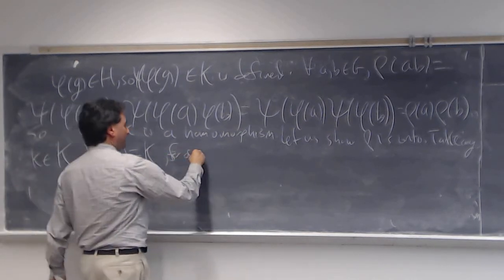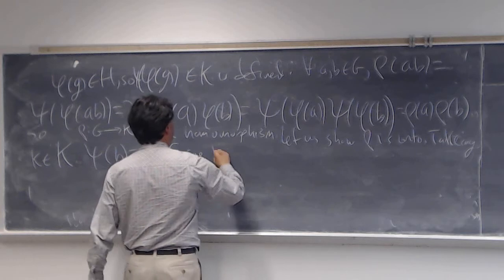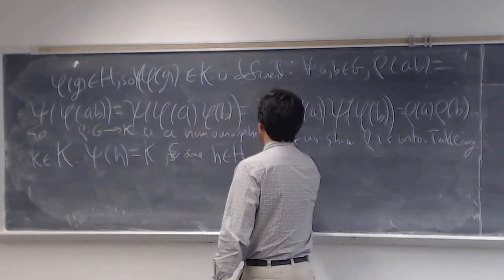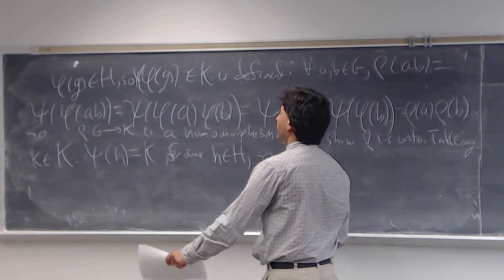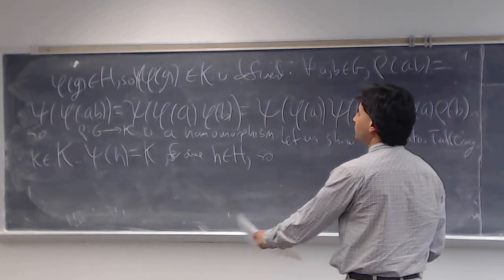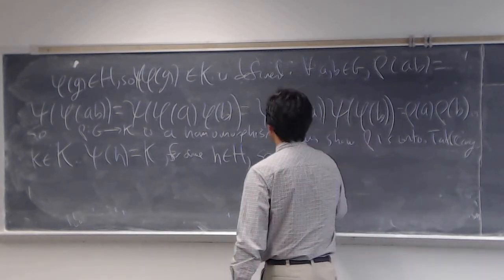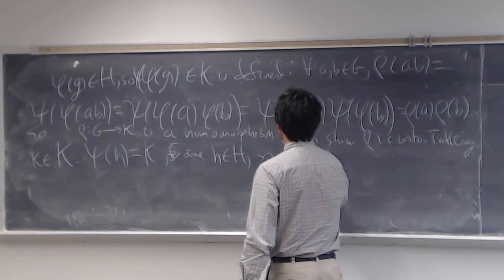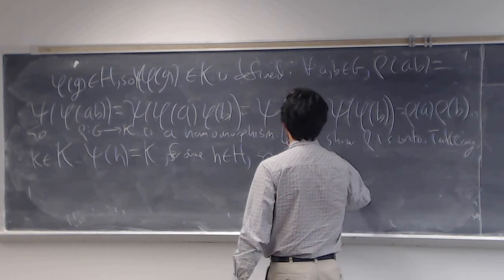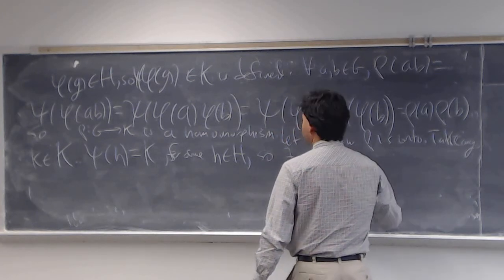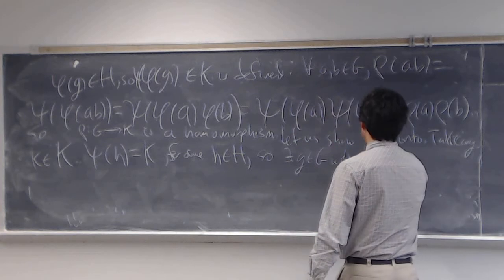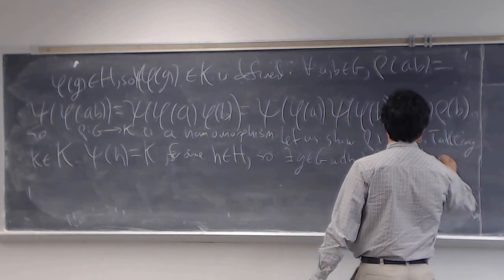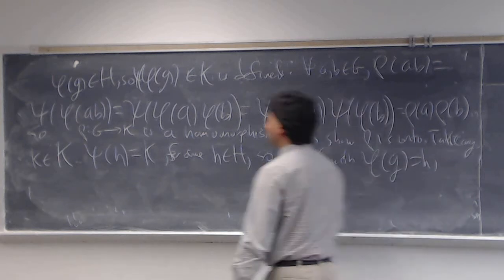But now, phi from G to H is onto, so there is a g in G with phi of g equal to h. So what's that going to tell us?